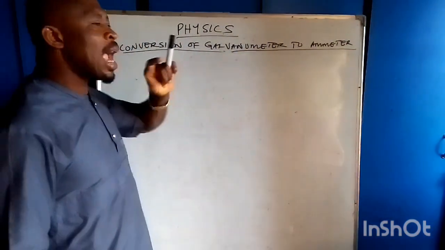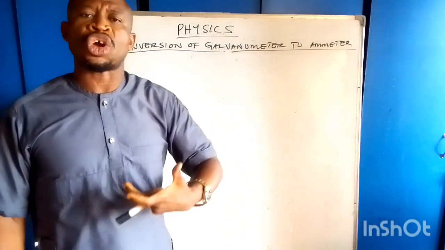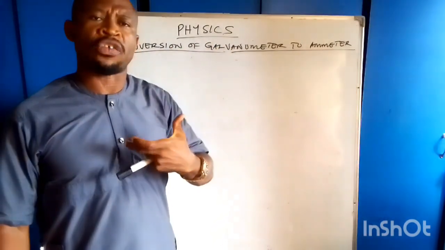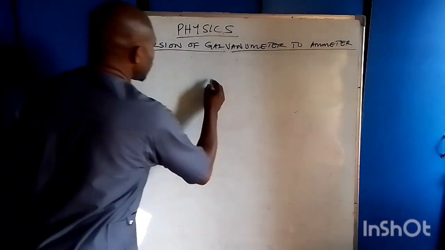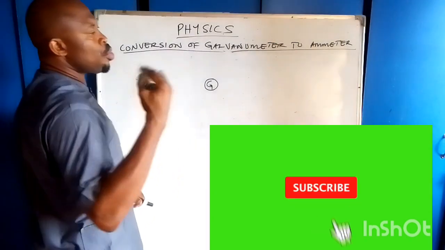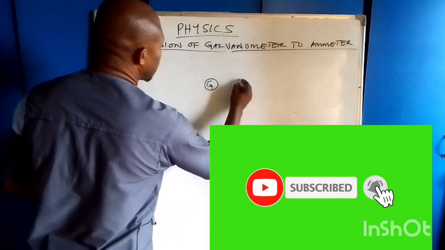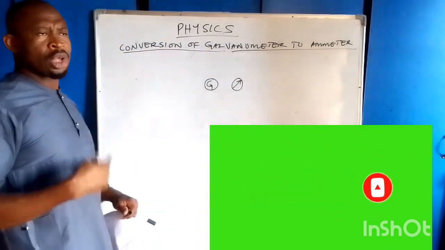Today, I want us to look at how we can use the same galvanometer to measure an appreciable amount of current. Now, let's go. The first one we have here is our galvanometer. Most times it can be represented with this deflection arrow.